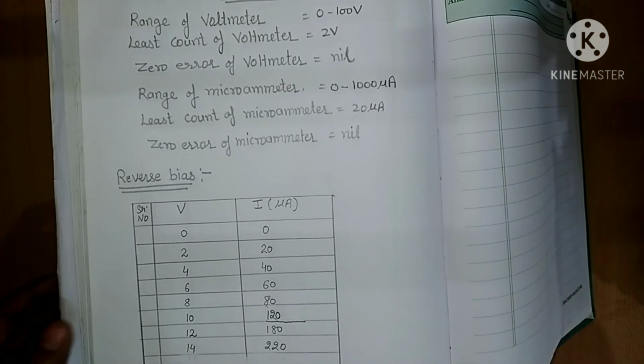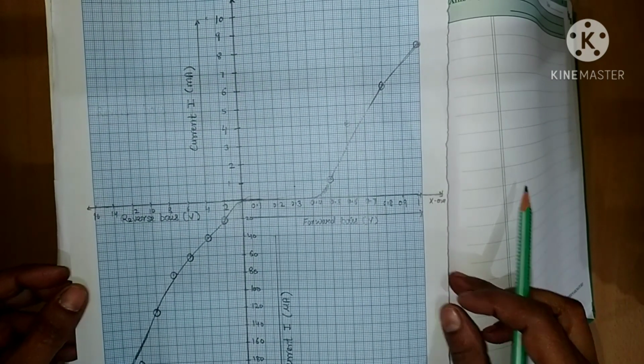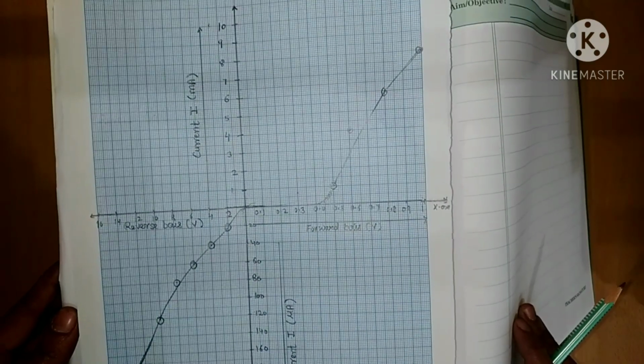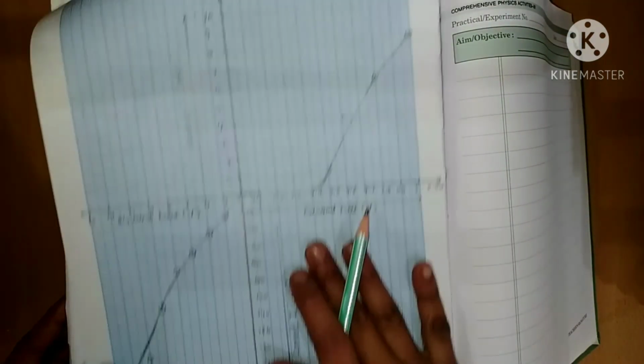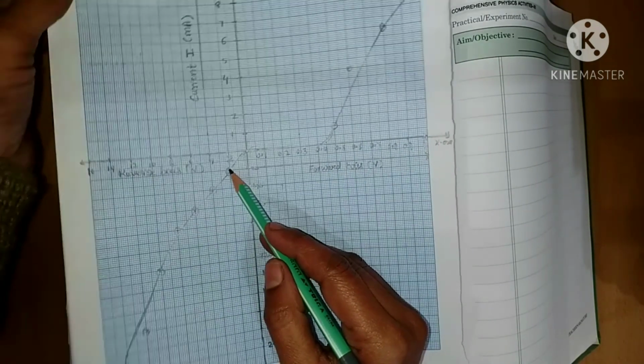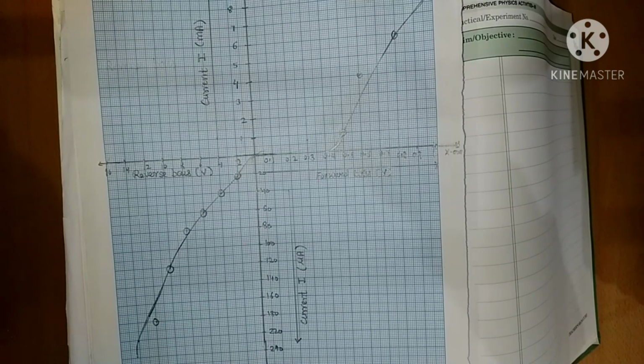Clear? And this is the graph for both forward bias, and this is for your reverse bias. Thank you.